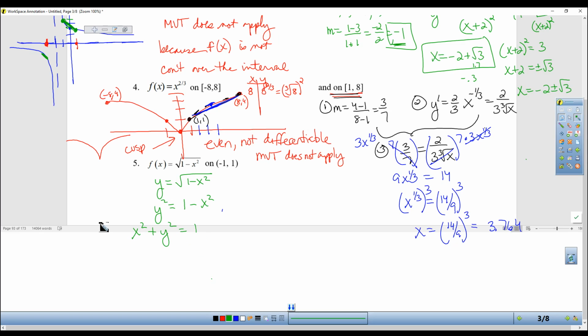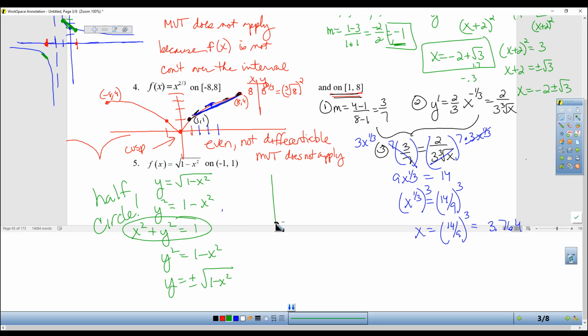See it yet? It's a circle. But it's actually not quite a circle, because if you were to start with the circle and then subtract x squared from both sides and then square root both sides, you would actually get plus or minus. We only have plus. So it's a half circle.